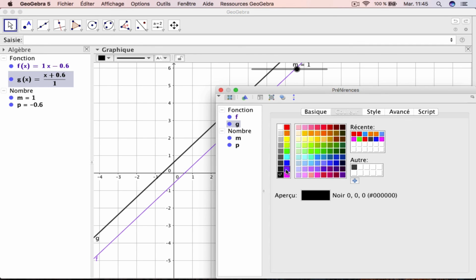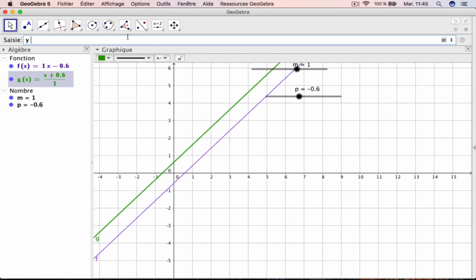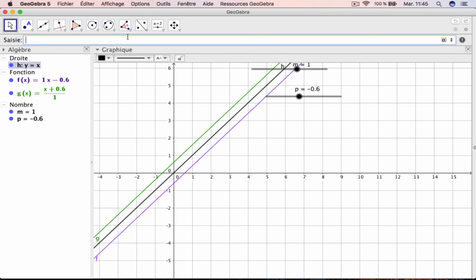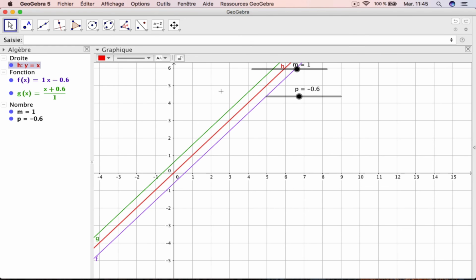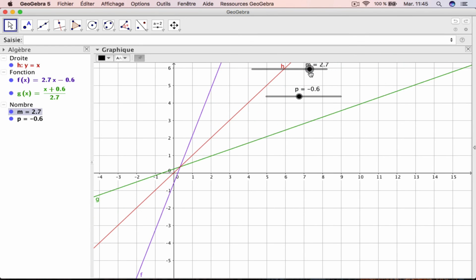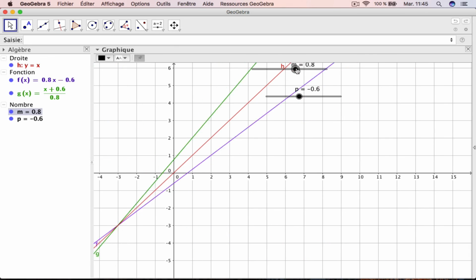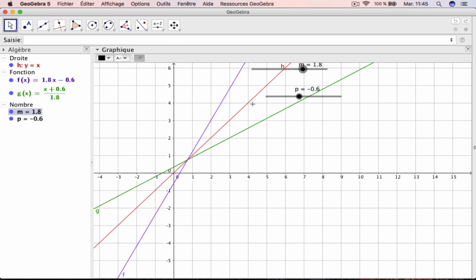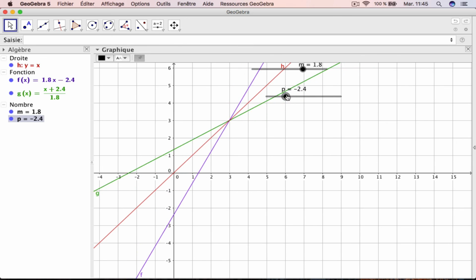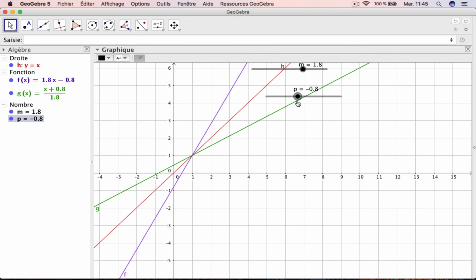Let's use this color. And let's introduce this axis, the axis of symmetry, and we can see that whatever the value of m, this axis is always a symmetrical axis of these two lines.